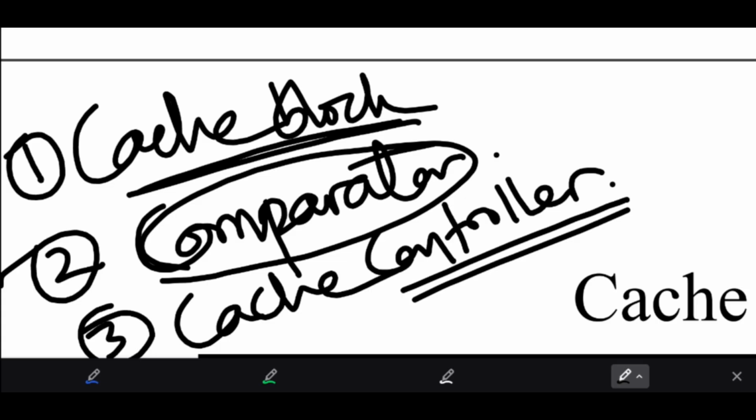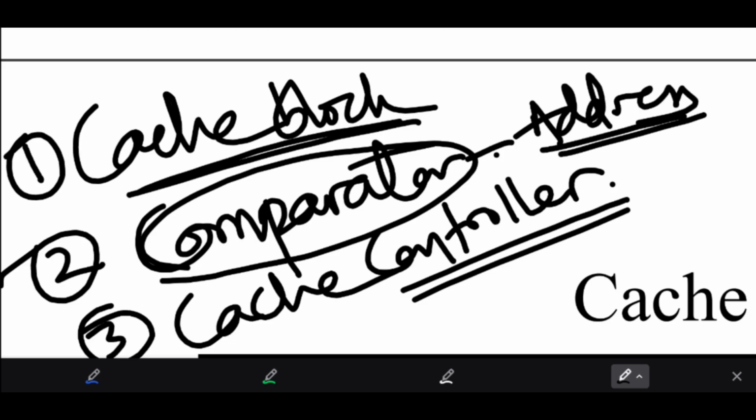Then our main thing is our cache comparator. While we are searching data inside the cache, we are not searching the data, we are searching its address, and the cache comparator checks whether the address matches. Take the address and check whether it matches or not. If the address is matched, then it's definitely a hit, and if it missed, then no address matched.